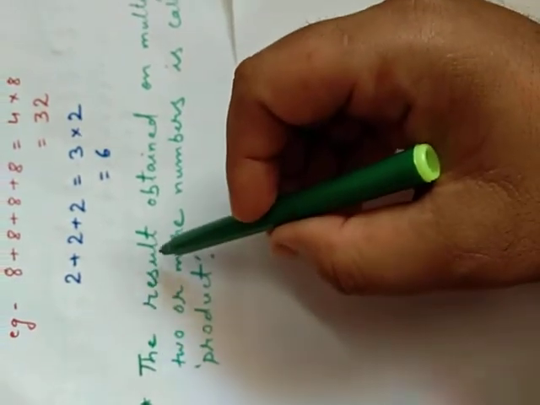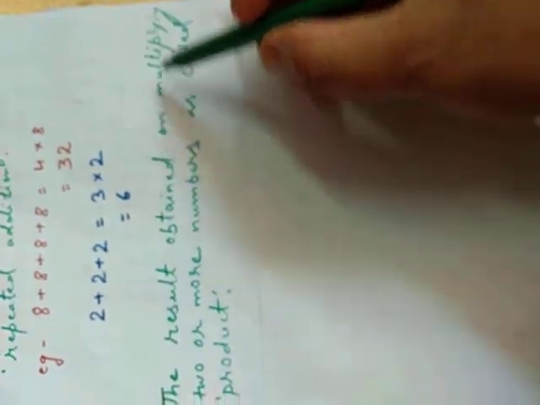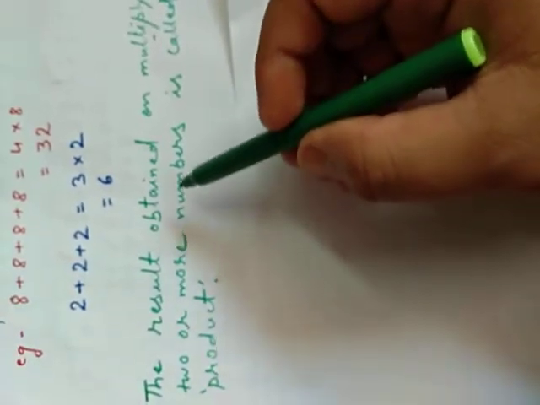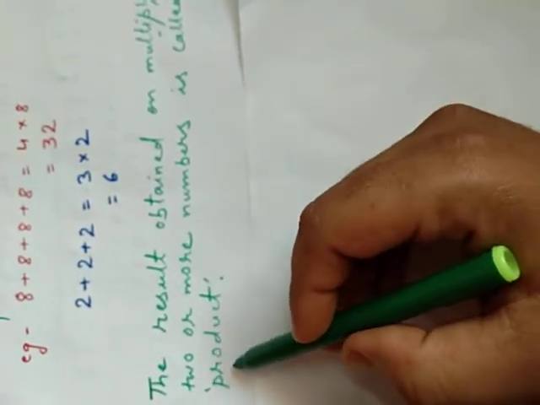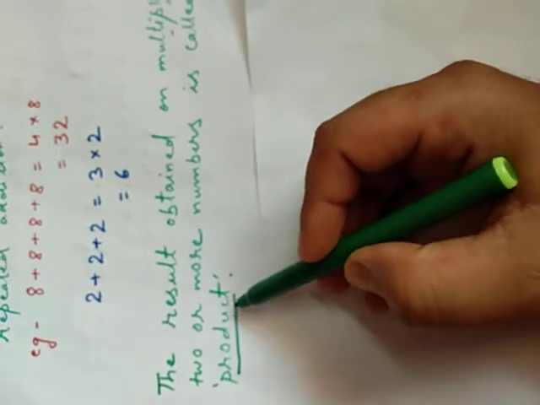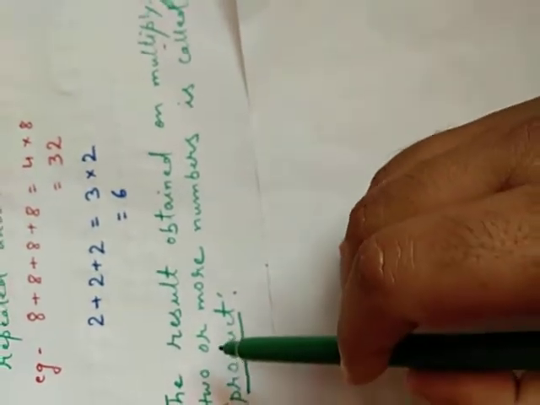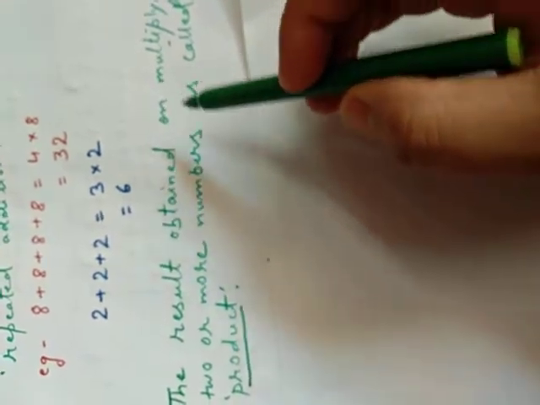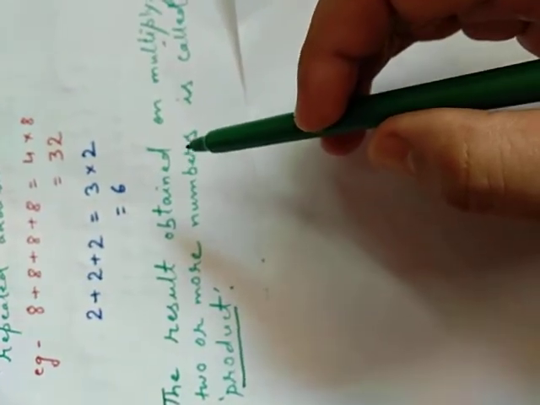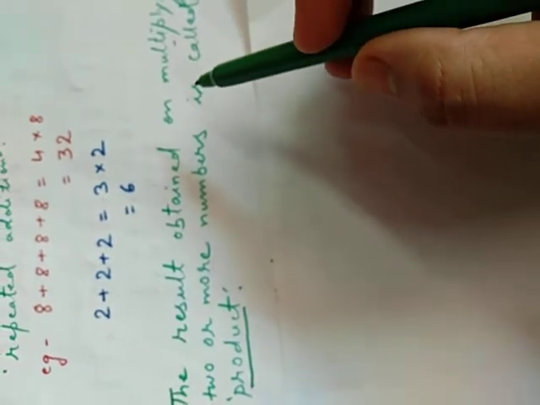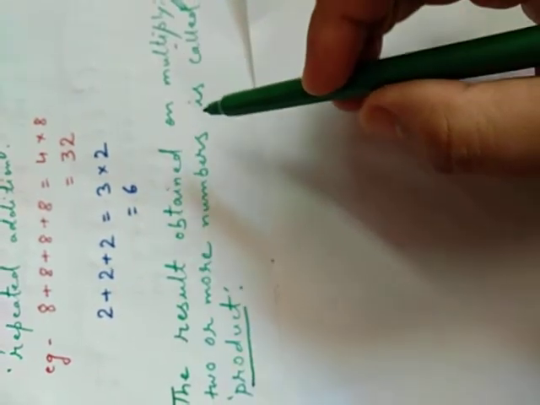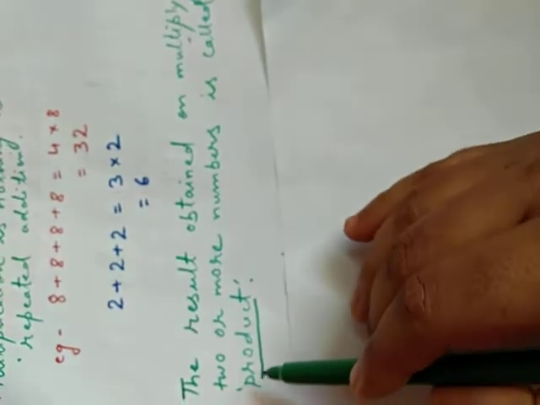The result obtained on multiplying two or more numbers is called product. Please pay attention here. When we multiply two or more numbers, the result which we obtain is called product.